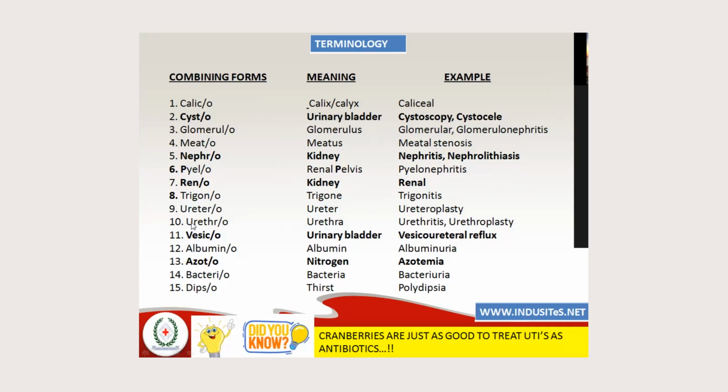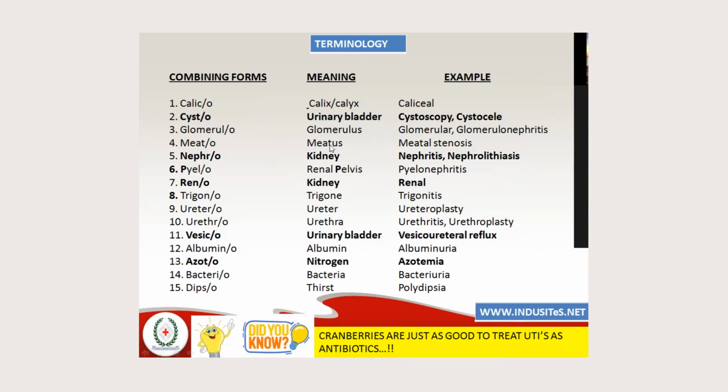Right, good. Next one is urethro. That is urethra, urethritis, as well as we have urethroplasty. So what is urethra? It is the tube leading from the urinary bladder to the outside of the body. And the urethra opens as urinary meatus.